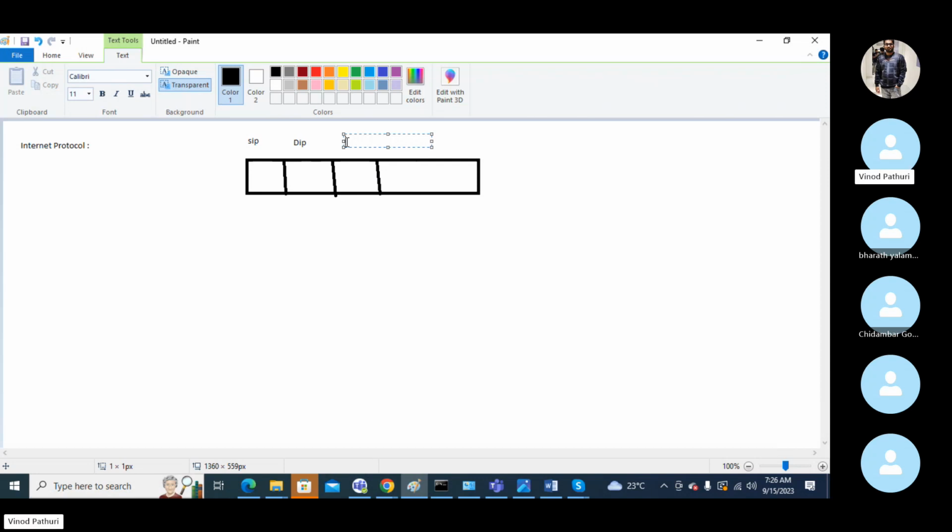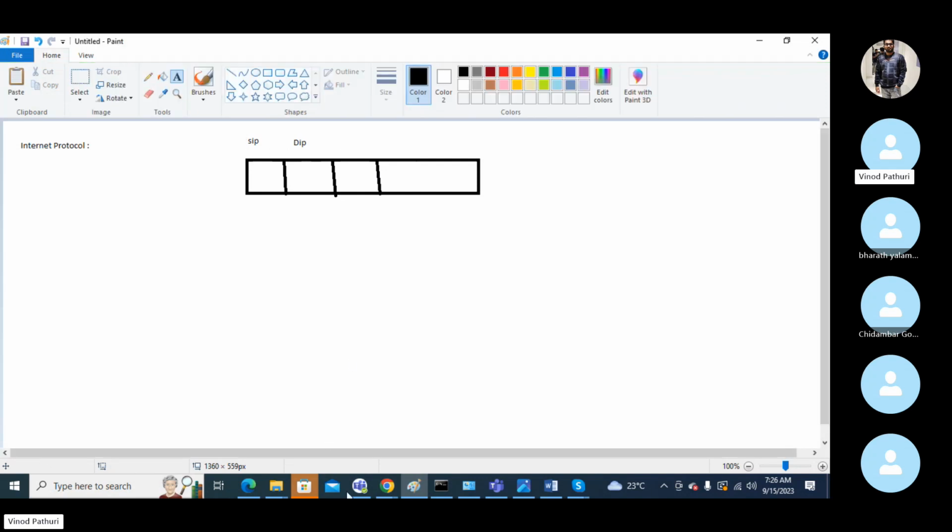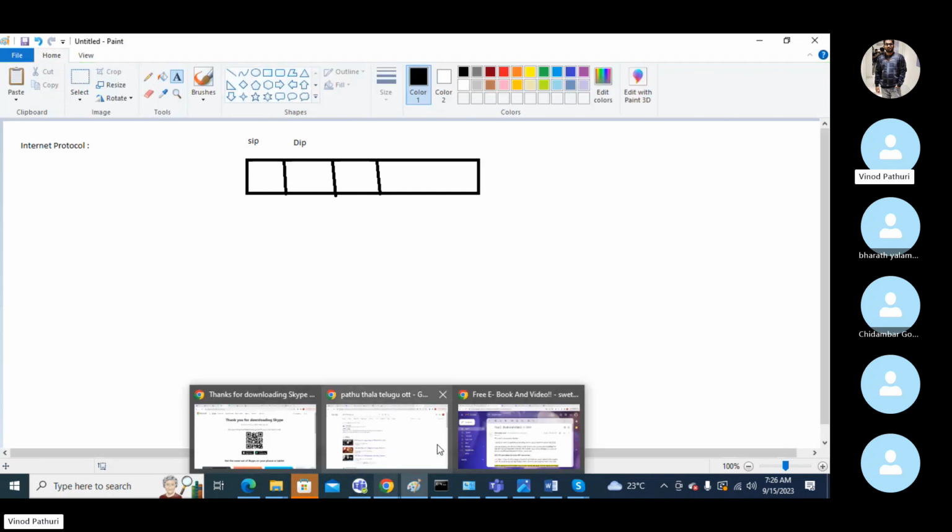The destination port is mandatory. That is the packet. Normally in an IP packet you will have the source address, the destination address, and what is your version? Let me grab it here.